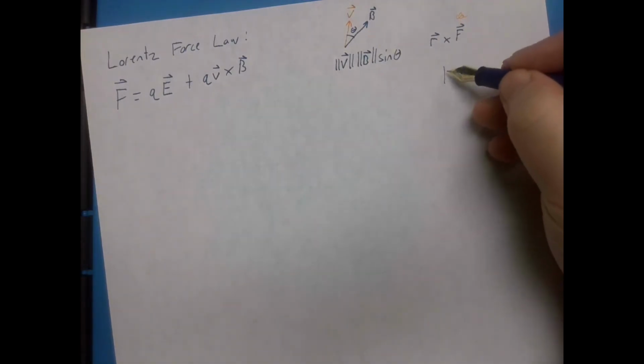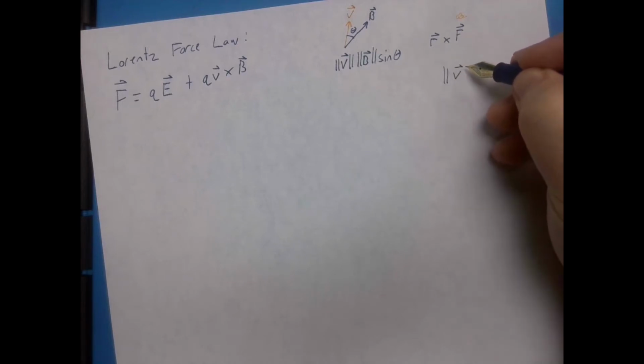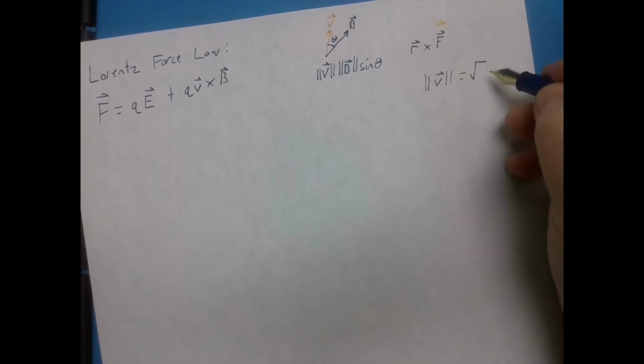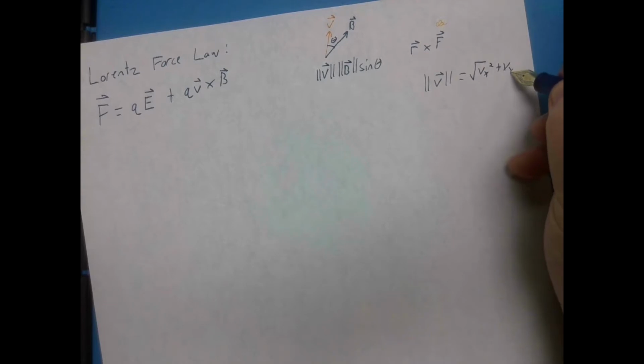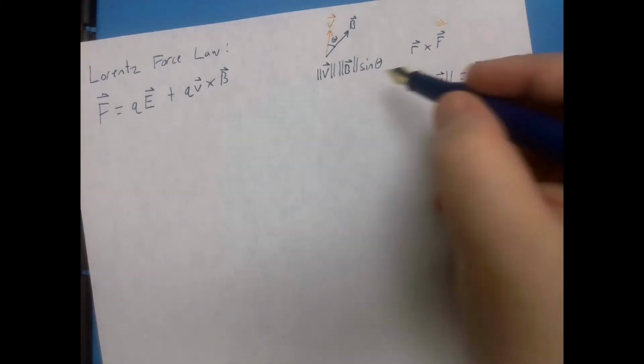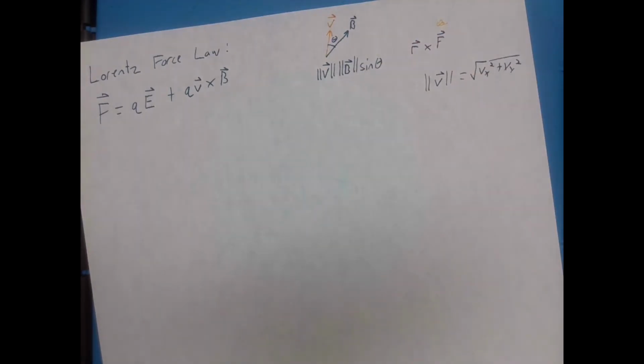These absolute value marks mean, so we have some vector, that would be equal to the square root of Vx squared plus Vy squared, the two components. But it turns into a scalar. Basically, it's just a number.